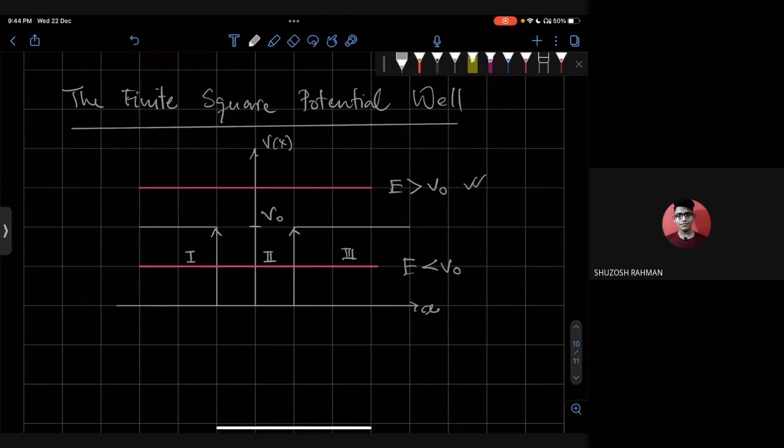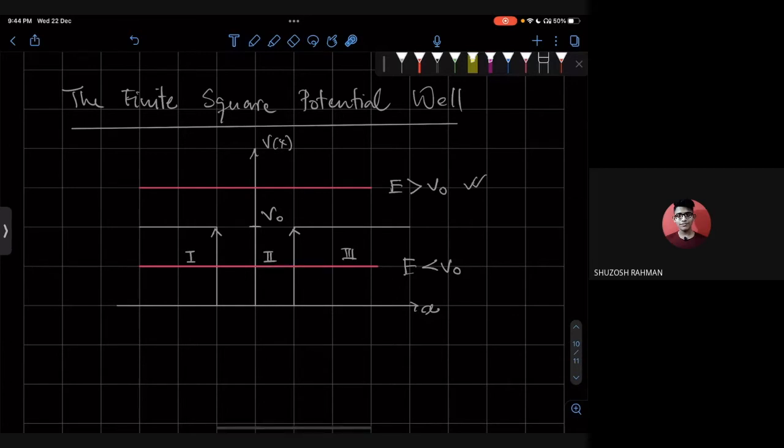For E greater than V naught, we'll have some sort of wavy solution, although its wavelength will vary depending on whether you are in this region or this region or this region, and that's easy to work out.